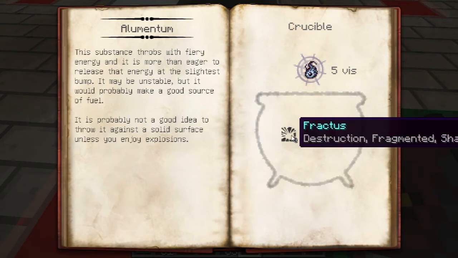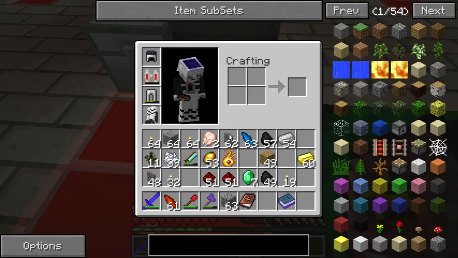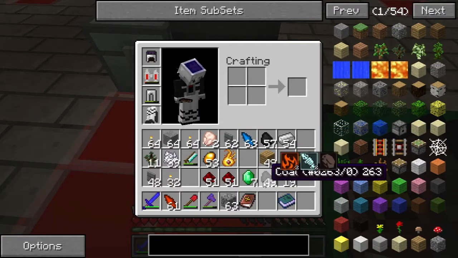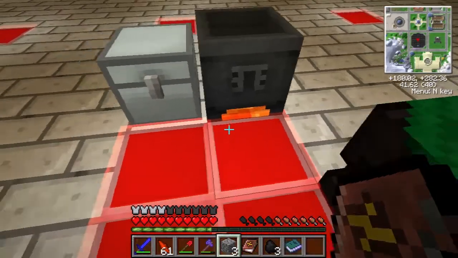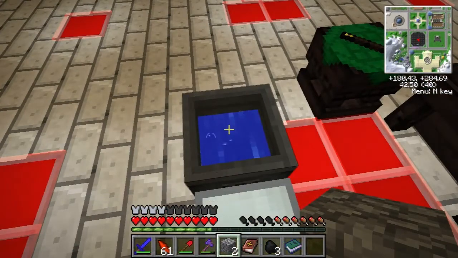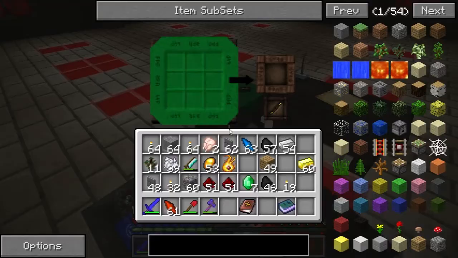So I'm going to need 3 fractus, 6, and 6. So 1, 2, 3. 1, 2, 3. Okay. Give me my wand back from the table. You have to put the wand in here for the magic to work because it sucks the magic out of the wand.